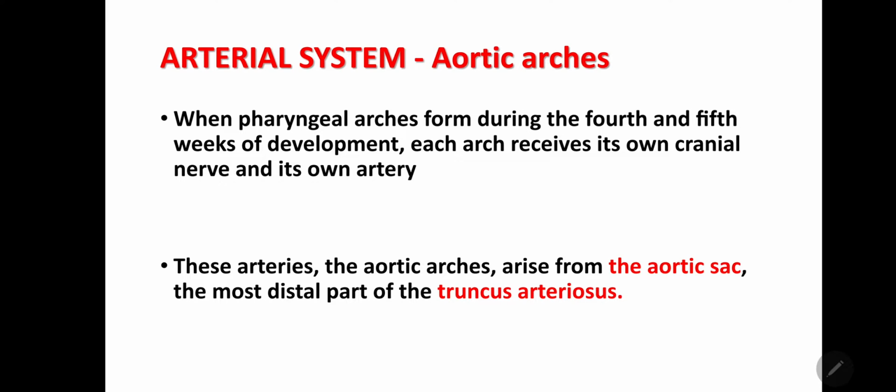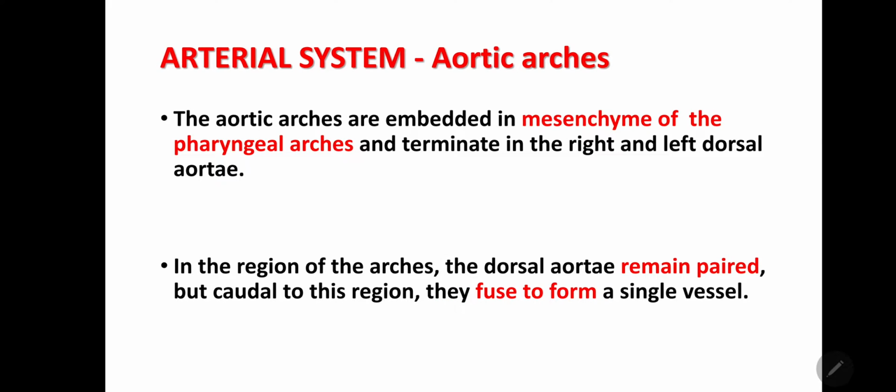This aortic sac is connected to both the right and left dorsal aorta, and this communication is further enhanced by the arrangement of the aortic arch arteries. These aortic arch arteries are embedded in the mesenchyme of the pharyngeal arch, and they terminate in the right and left dorsal aortae.